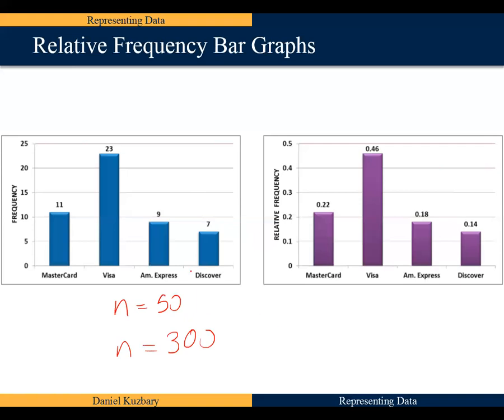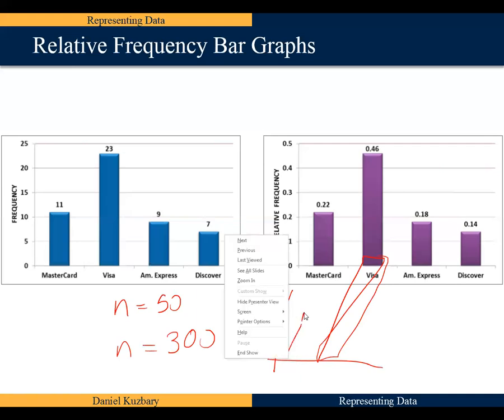Well, it might not make so much sense to put the frequencies next to each other, because of the 50 cards, they're only going to get so high. But if we were to plot the 300, one of them is going to go way up high. Like one of those might be 150, and one of those might be 70, and all of them are going to be much bigger than these things.